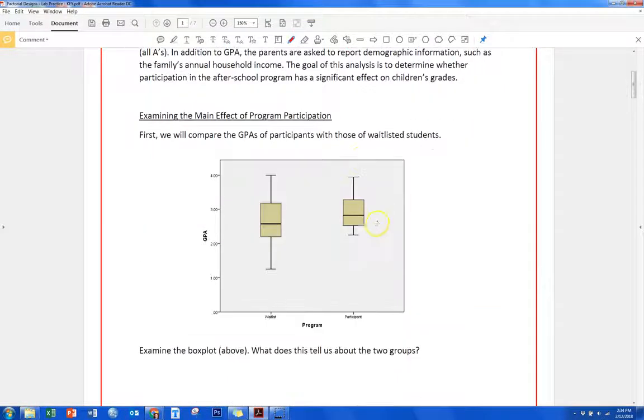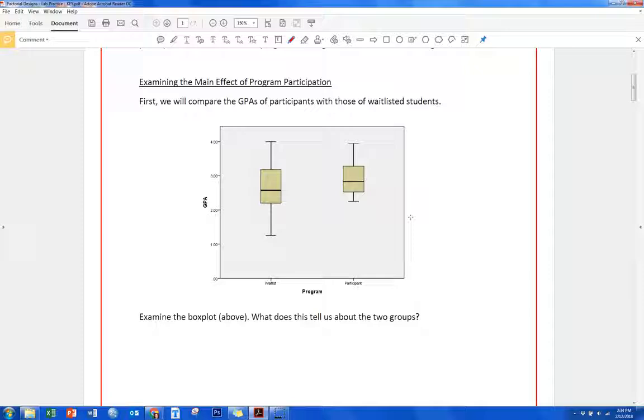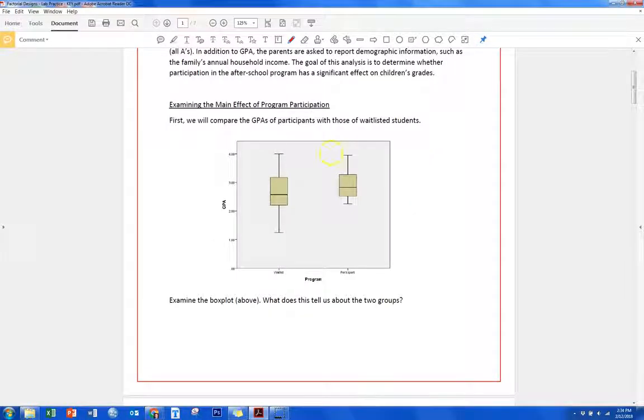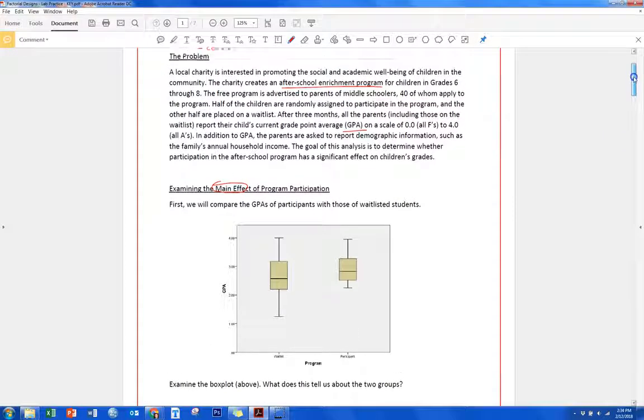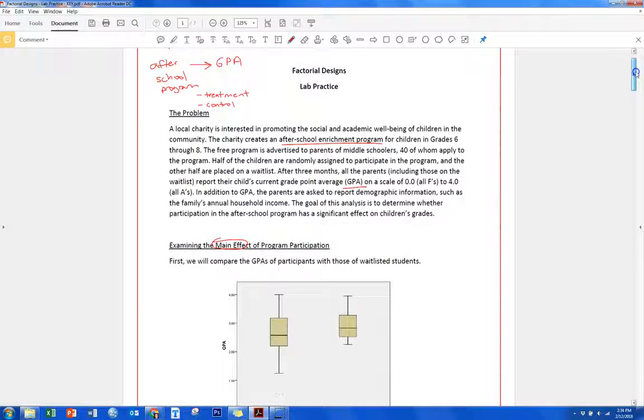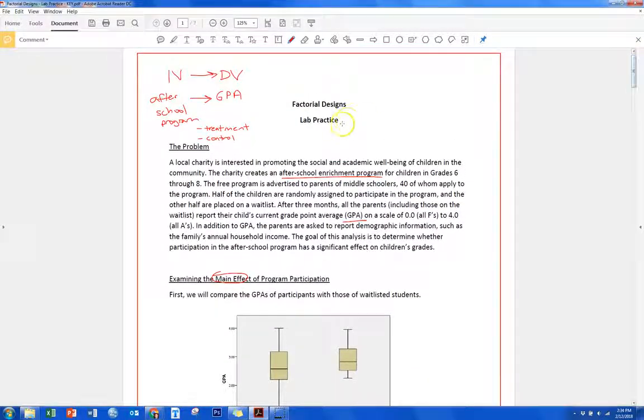Okay, let's go ahead and move forward. Examining the main effect of program participation. Main effect, what does this mean? When we talk about the effects of different variables on some kind of outcome, the main effect refers to the effect of one independent variable. Now, this is a lab on factorial designs. In a factorial design, you have more than one independent variable.